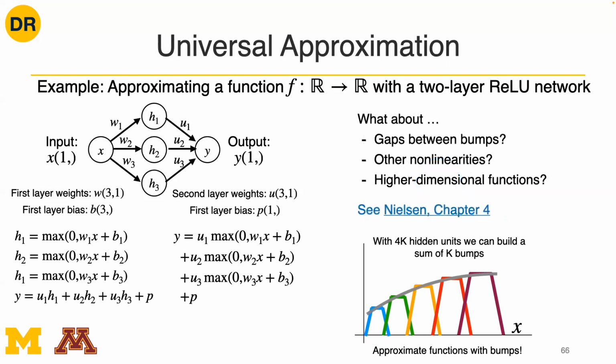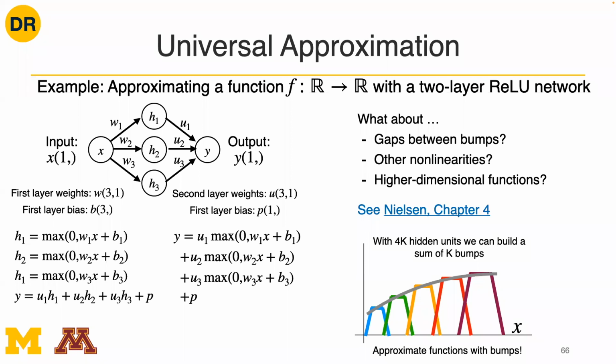For a more detailed description of this property of neural networks, there's a link on the calendar to chapter 4 of Nielsen, where they go into more detail. From a practical standpoint, though, the main takeaway is that this property of neural networks is very powerful.